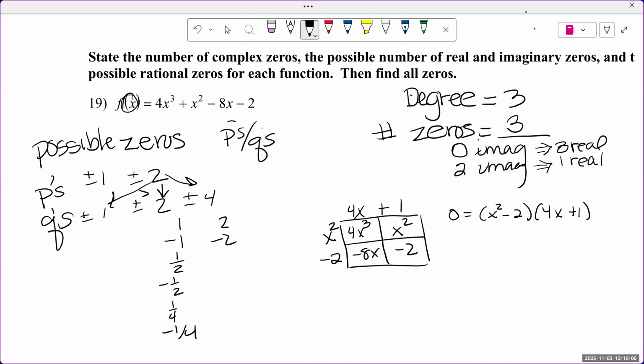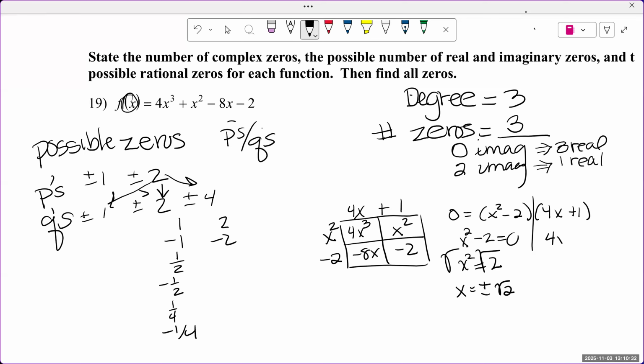Okay, so now we're going to split and solve. x squared minus 2 equals 0. Add 2 to both sides and take the square root. Can you see that this is two factors right now? Yeah, degree of 2. So we have plus or minus rad 2.